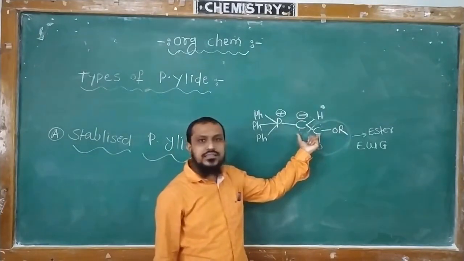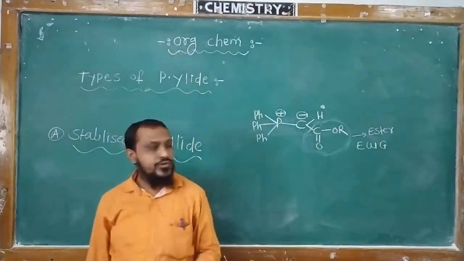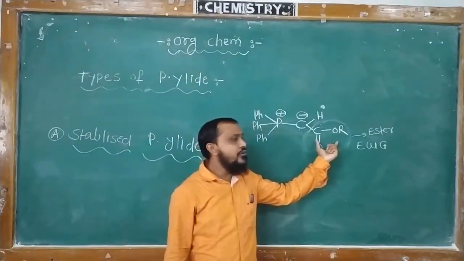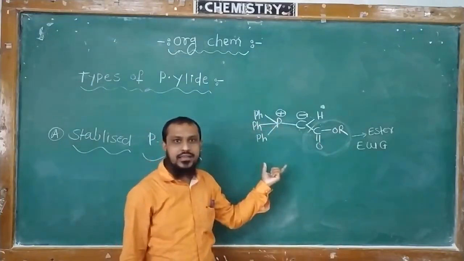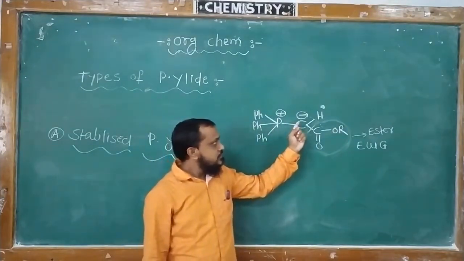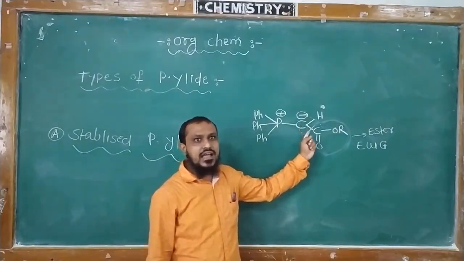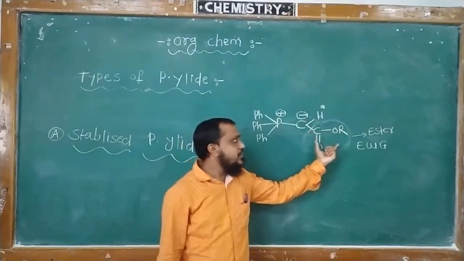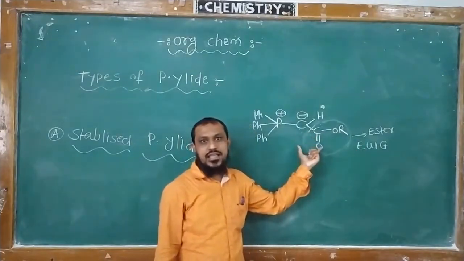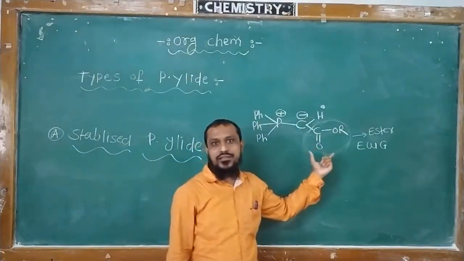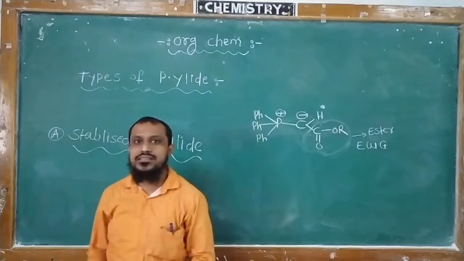Means this carbon atom becomes stable due to the electron withdrawing group. So such type of phosphorus Ylide in which the nucleophilic carbon atom is stabilized with an electron withdrawing group by the resonance or inductive effect are called as stabilized phosphorus Ylide.